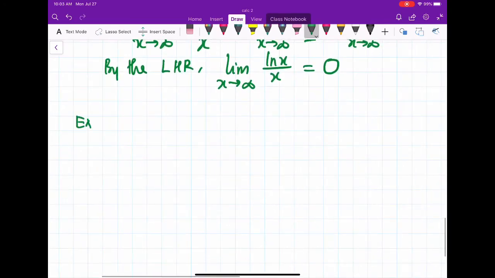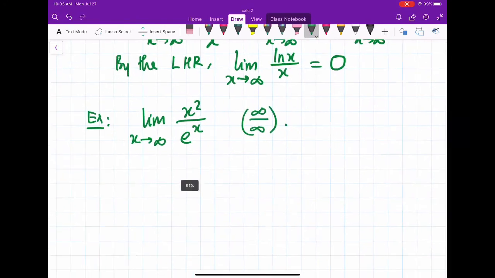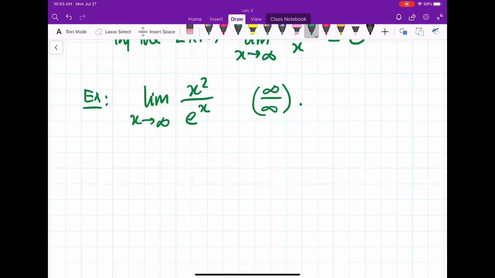Another example: the limit of x squared over e to the x when x approaches infinity. Again, this is an indeterminate form, infinity over infinity. But the functions x squared and e to the x are differentiable.